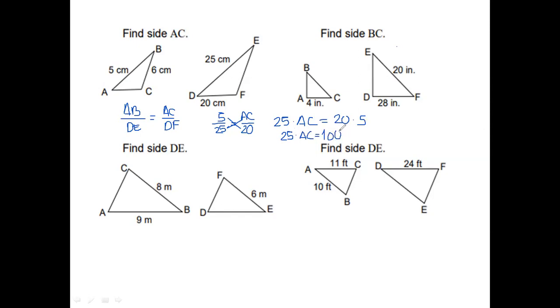We can divide both sides by 25 in order to find how much is the side AC. So the side AC will equal 4 centimeters. Okay, so this one will be 4.